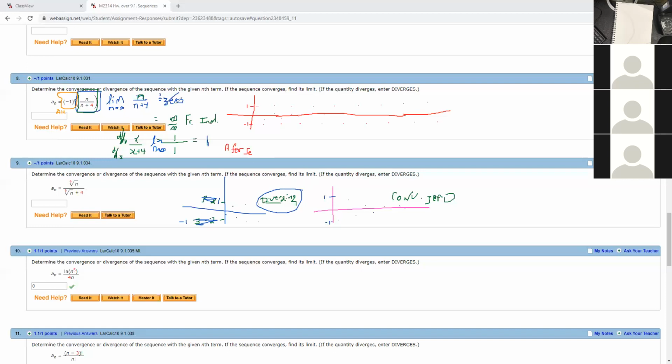So it's not this, it's this. So that means we're getting closer to +1 and -1, which means diverges. And then here we'll put diverges.